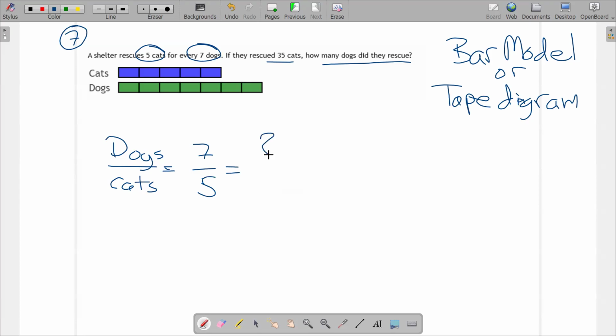They want me to figure out how many dogs go with 35 cats. And then there's at least 2 ways to solve this from there. We might be able to just look at this and say, oh, I know how to get from 5 to 35. Right? I would multiply by 7. So I could do the same thing here, multiply by 7 to keep things in proportion. So there ought to be 49 dogs then.